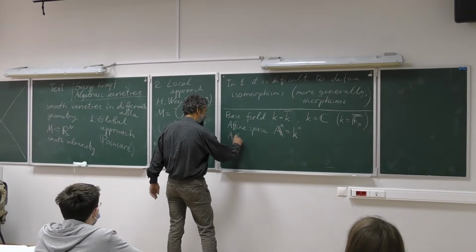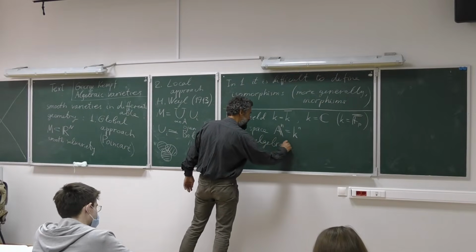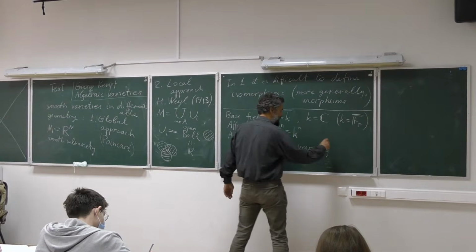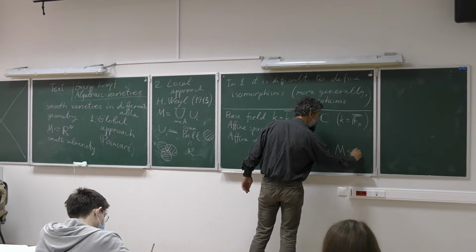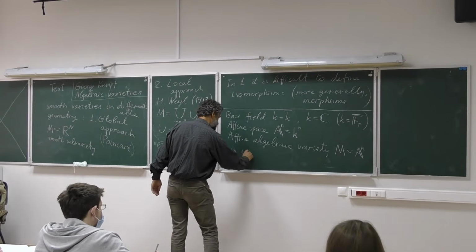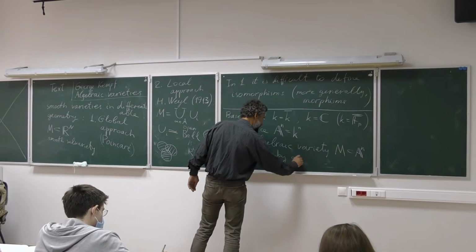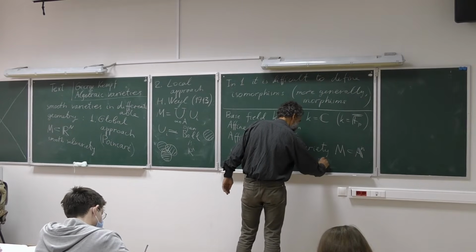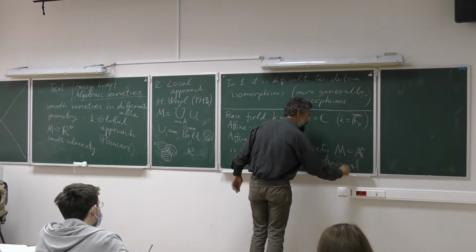So an affine algebraic variety, say M inside A^n, is cut out by a few polynomial equations.